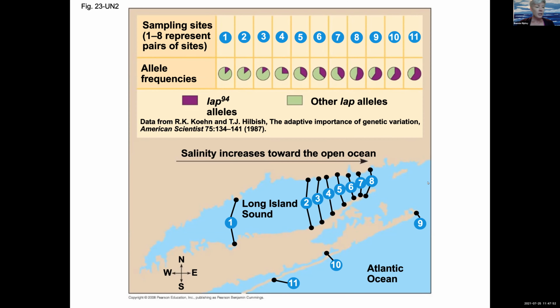So if we're going to start to think about how populations might differ from one another, we need to define this concept of an allele frequency. So remember that we can have different versions of a gene.